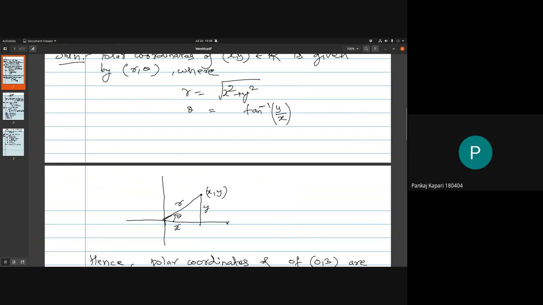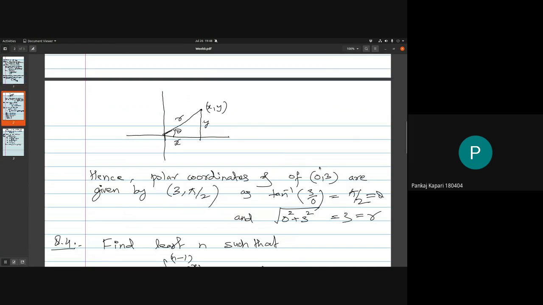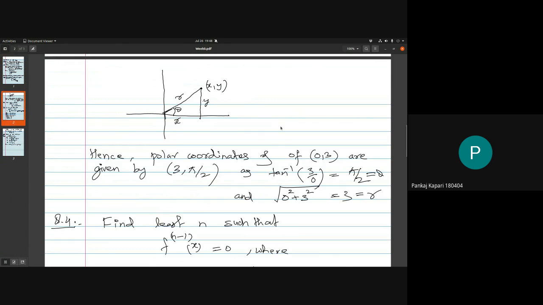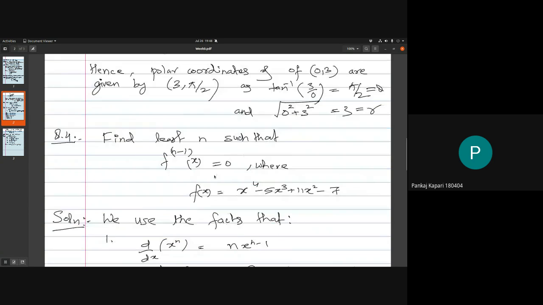From these, theta turns out to be tan inverse of y over x. If you put these values of 0 comma 3 in place of x comma y in this equation, it turns out that r is 3 and theta is pi over 2. Therefore the polar coordinates of 0 comma 3 are 3 comma pi by 2.